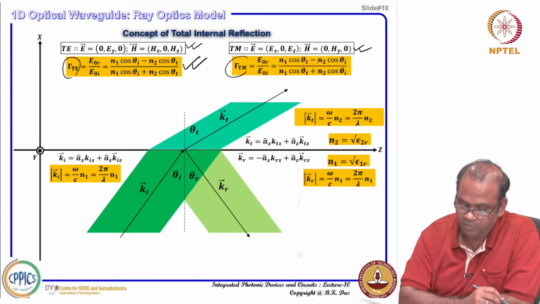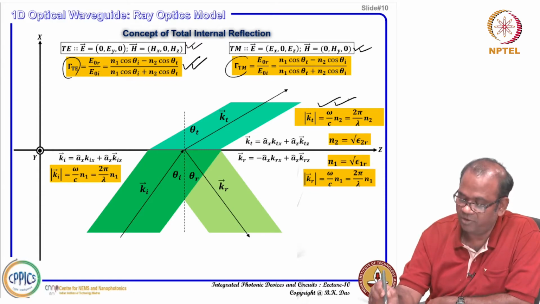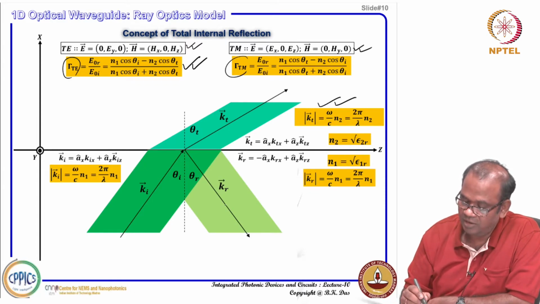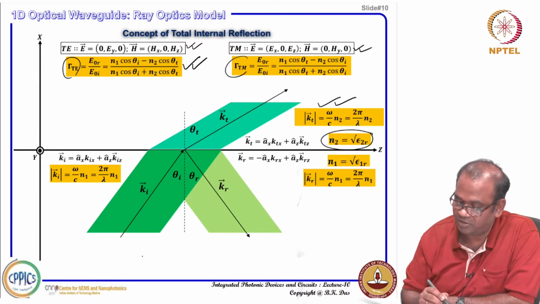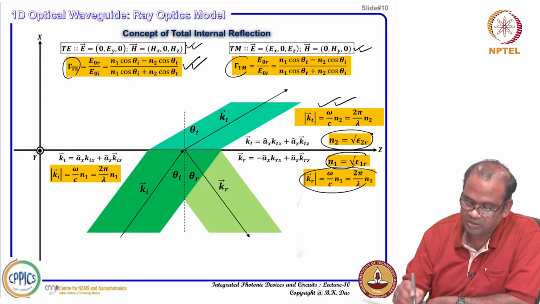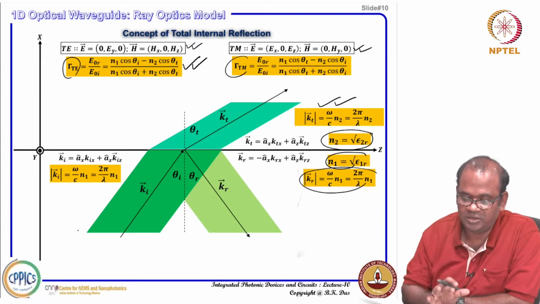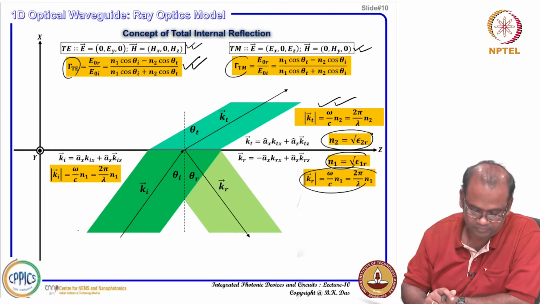A few more things I have retained here: kt, which we discussed earlier, and n2 is nothing but the dielectric constant. Some of these parameters we need for further discussion, which is why I retained them.